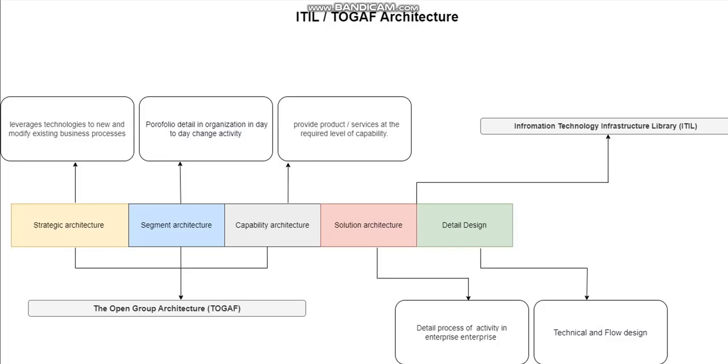Okay. Detailed design is a technical flow design. This design is a subcomponent of solution architecture. I mean, solution architecture's detailed design is a technical and flow design. This includes the data flow diagram, the broad data schema, and the database diagram of the architecture of the business process.